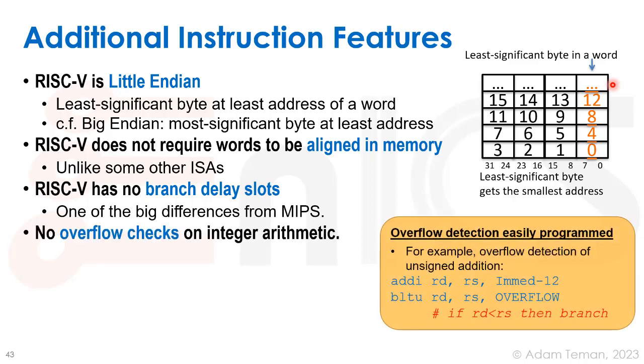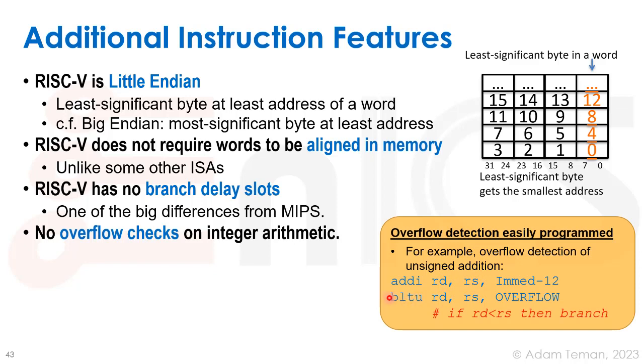There are no overflow checks on integer arithmetic. So that's just, again, another kind of decision. You can easily detect overflow through programming. For example, if we do this unsigned addition where we're adding some positive immediate to a source register, we know that the RD should now be larger than RS.